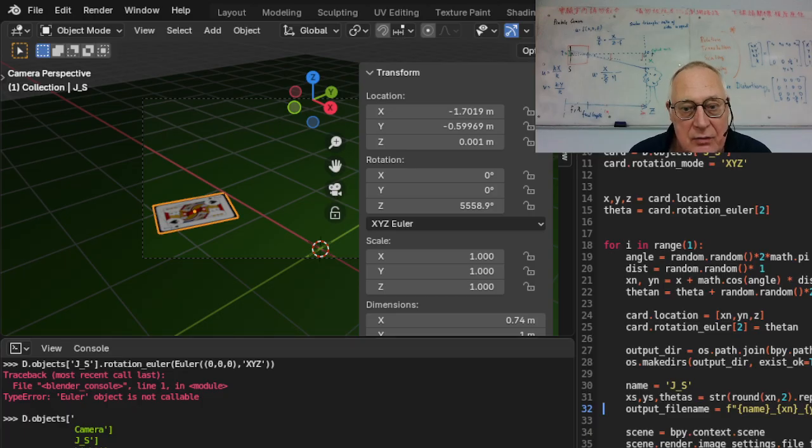And when I save it, a negative sign doesn't work either.